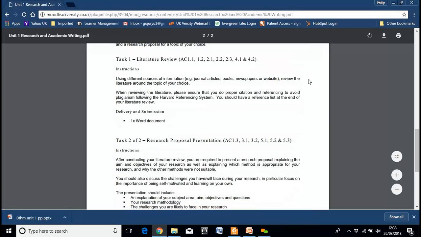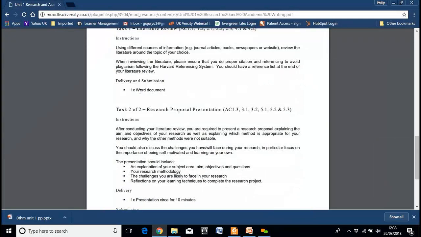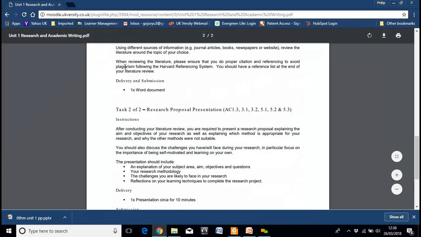The second part of that is when you are reviewing the literature, ensure that you do proper citation. In other words, use the Harvard referencing system to avoid any plagiarism. You should also have a reference list at the end of your literature review. In other words, basically what you've looked at, what you've said.